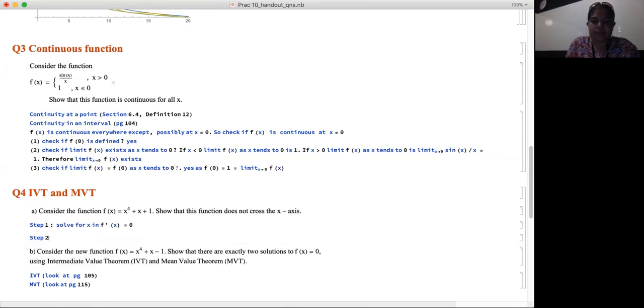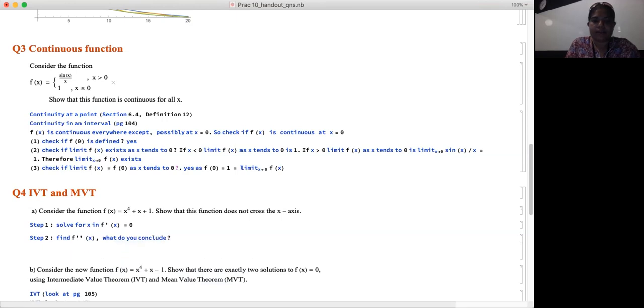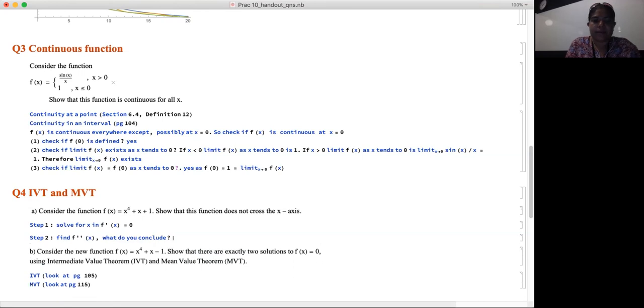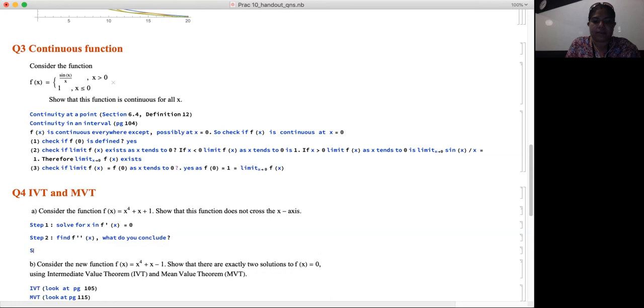Step 2: find f double dash x. What do you conclude? Step 3.